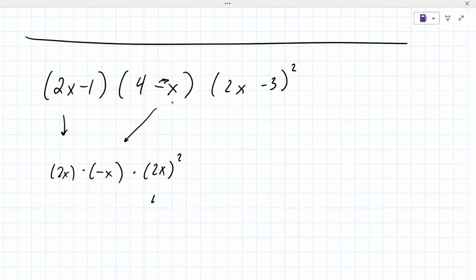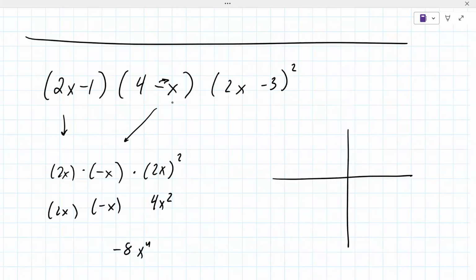So now you have to square this. So after that, once you get negative 8x to the fourth, if you were to multiply all of them, yes, exactly.